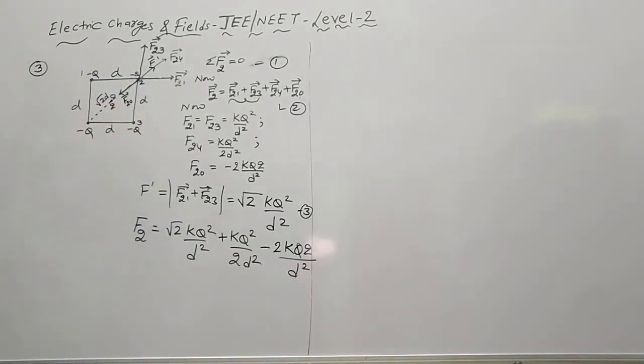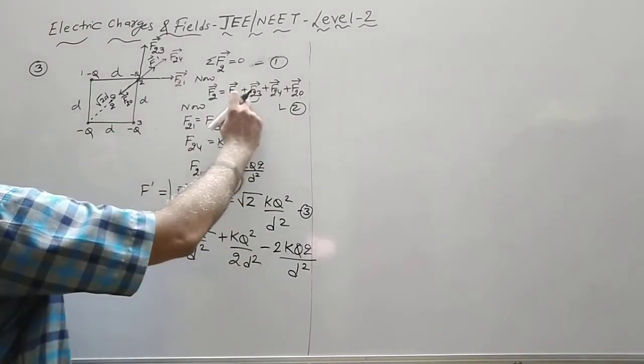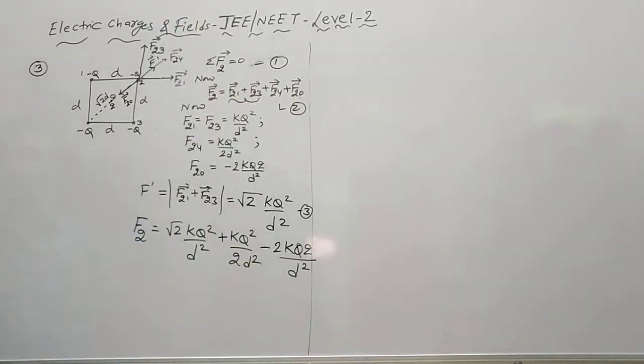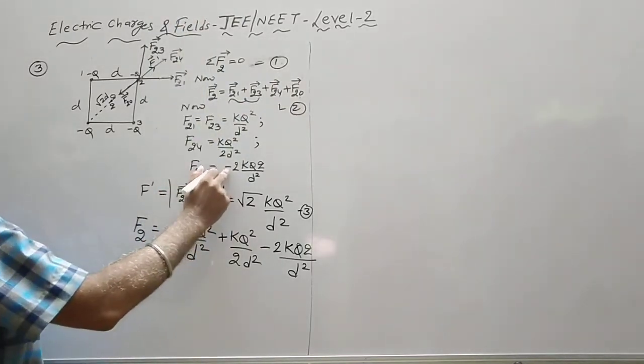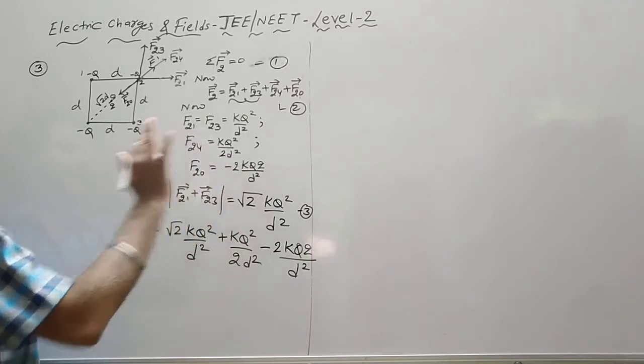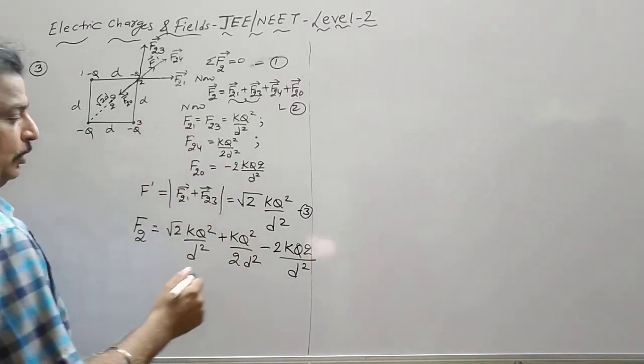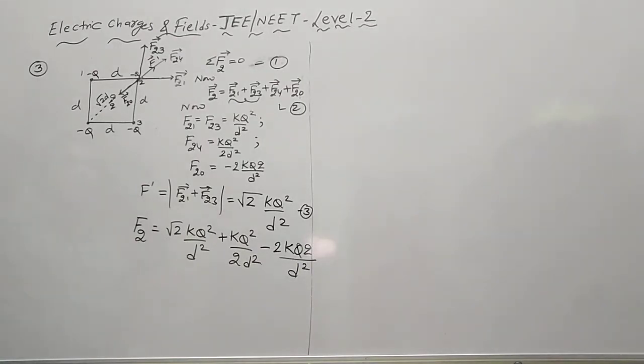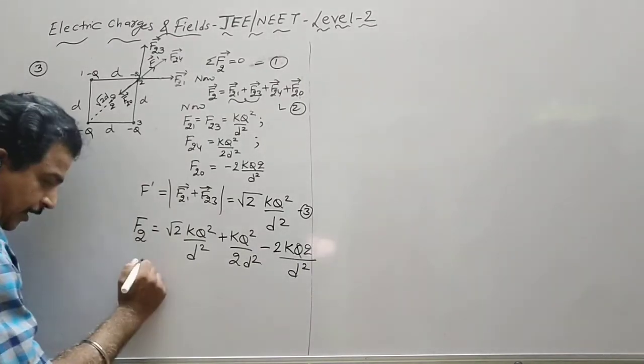So first we find out the resultant of F21 and F23. Then these two are added and this should be subtracted. Here the minus sign is considered for direction, so you cannot use the minus sign 2 times. This resultant is now 0.